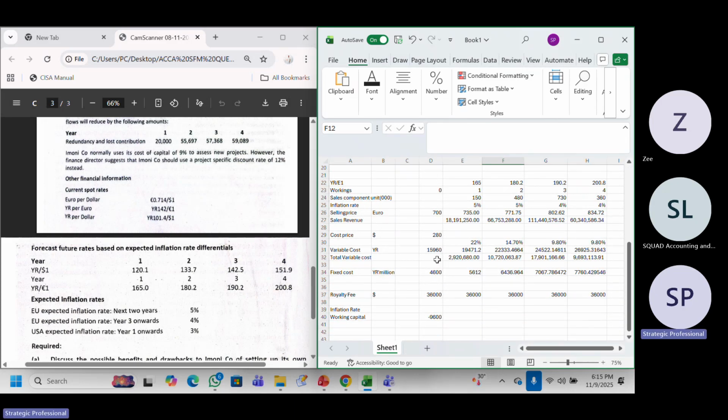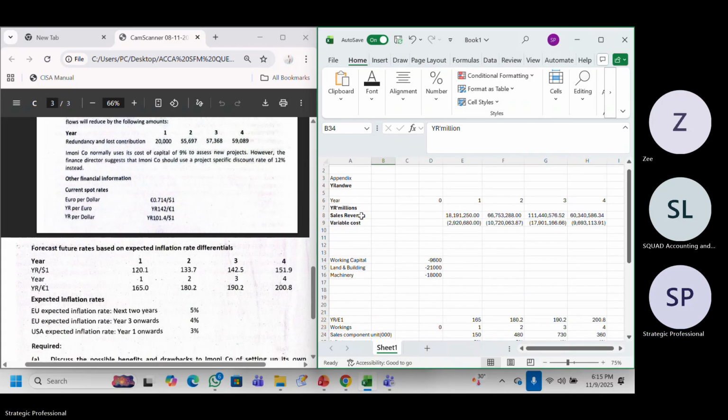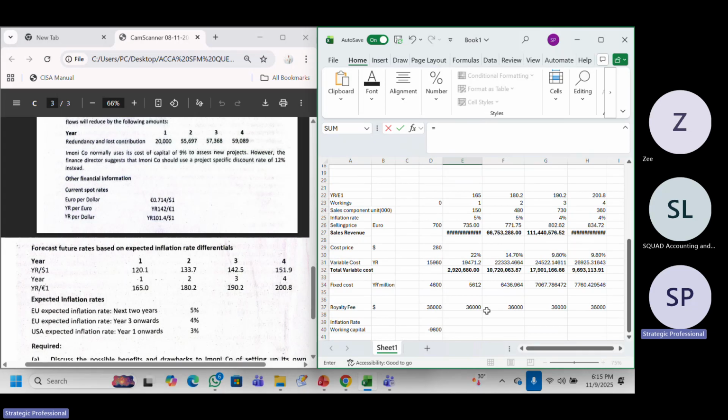We sorted this guy. So we have fixed costs. For fixed costs, they said it is in the local currency, so we just bring it down. Don't forget that they told us the fixed cost is 4.6 million.